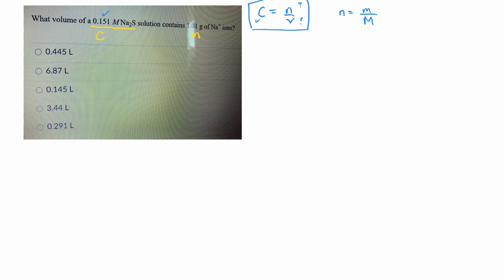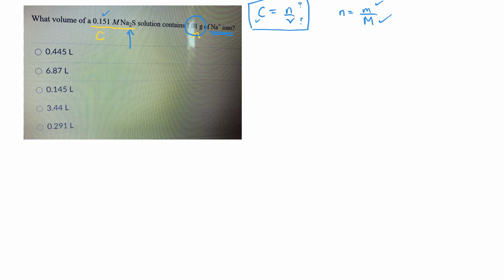Let's look at the next formula. They do have a mass, but it's a mass of sodium ions, which causes me a little concern. But I have a mass, and I can always figure out molar mass as long as I know what it is. Therefore, I think I have enough information to proceed.